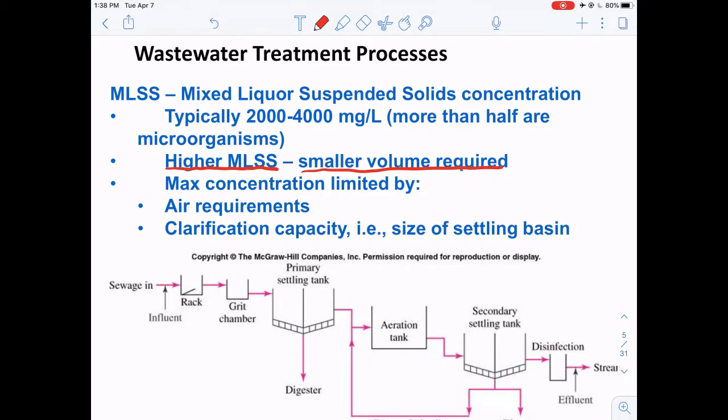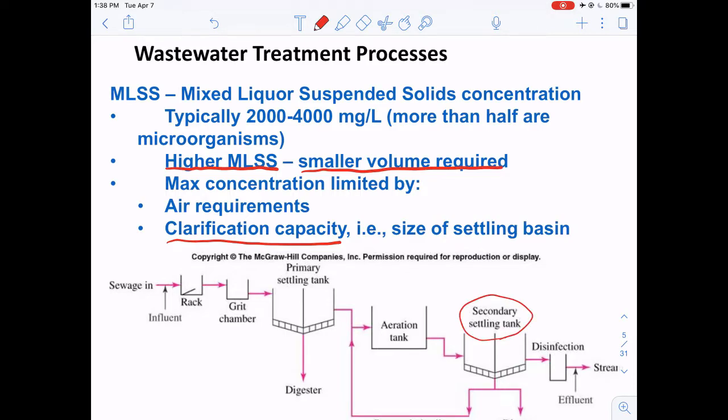But this maximum concentration is limited by quite a lot of parameters. First, we cannot bump up this concentration infinitely high, mainly because the oxidation of these organics is going to require oxygen, and there is no easy way to bubble a lot of air into the aeration tank. So the maximum concentration is going to be limited by the oxygen. On the other hand, it is also limited by the clarification capacity of the secondary settling tank.